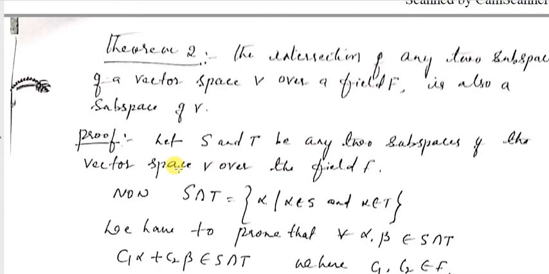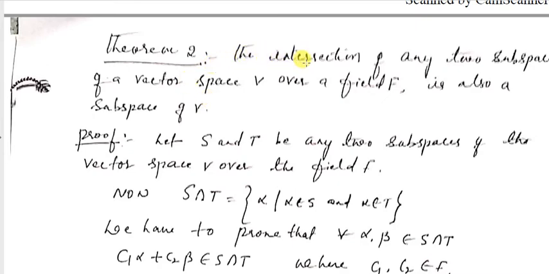So we have two important theorems of the subspace. Number one: the intersection of any two subspaces of a vector space V over a field F is also a subspace of V. What this theorem says?